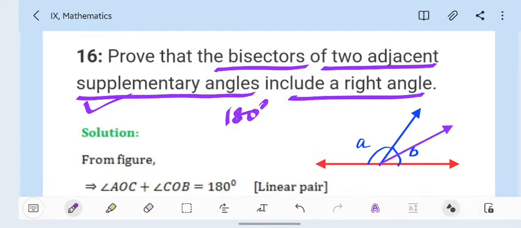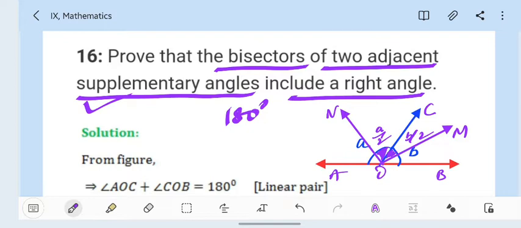Suppose this is the bisector of angle B, and this is the bisector of angle A. Bisectors divide the angle into two equal halves. So this region, from here to here, will be A by 2, and this small region will be B by 2, as OM and ON are the bisectors of angle COB and COA respectively.